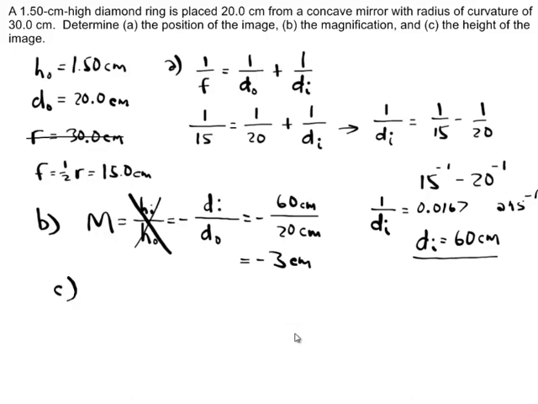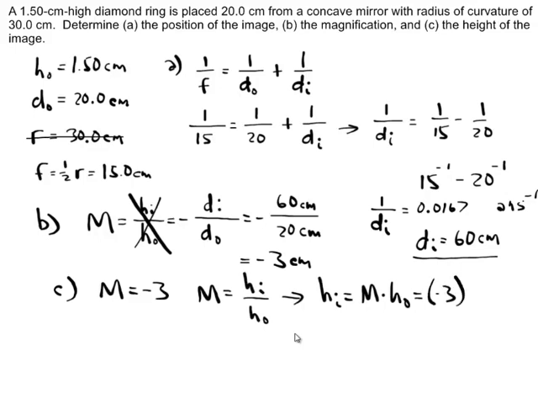C, we're supposed to find HI. We said that the magnification is equal to -3, and that the magnification is equal to HI over HO, which means, doing the algebra here, HI equals magnification times HO, which is -3 times 1.50 centimeters, and that's -4.5 centimeters.